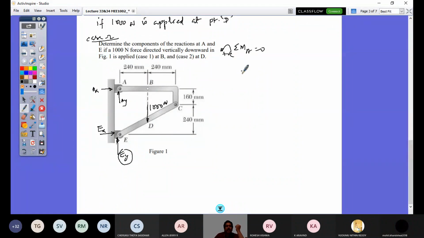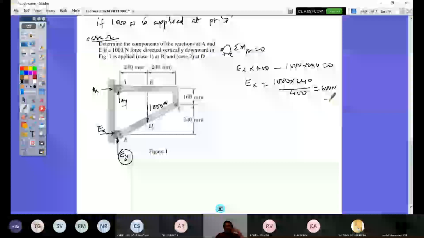So I would get EX into 400 minus 1000 into 240 equals 0. So EX is 1000 into 240 by 400. It gets the same 600 Newton again.